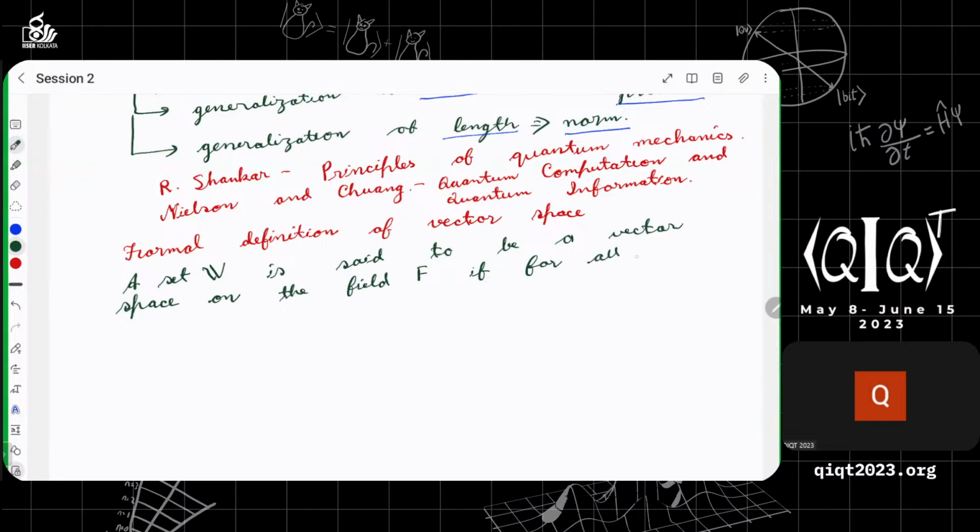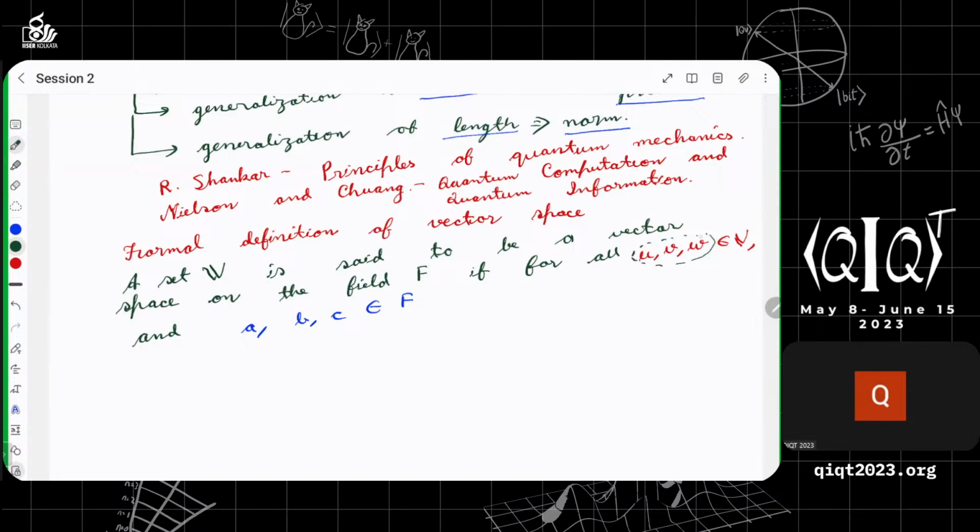So for all elements, let's use a different color, u, v, w belonging to V, and a, b, c belonging to F. The elements of V, which will form the vector space, are said to be vectors. And the elements of the field are what we will call scalars.